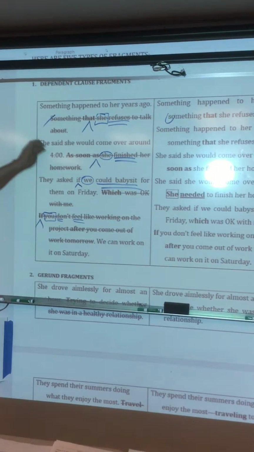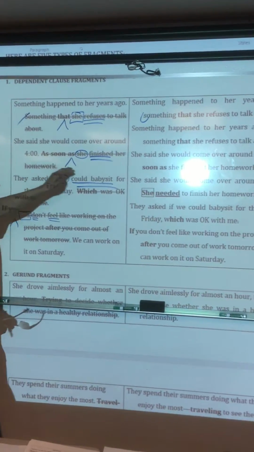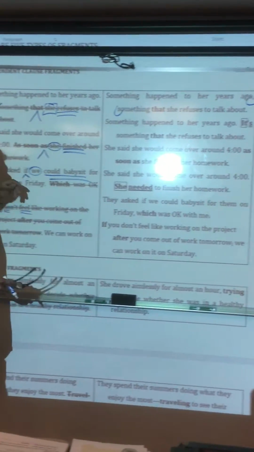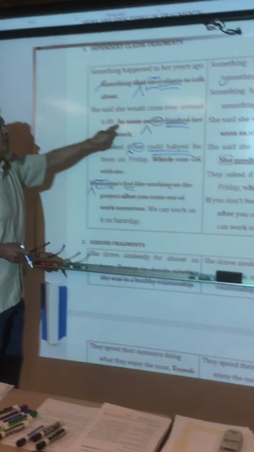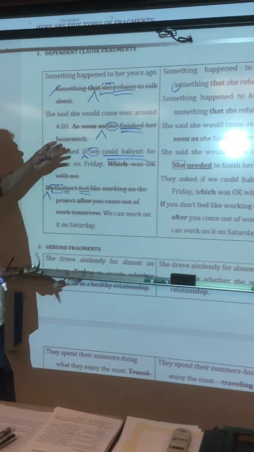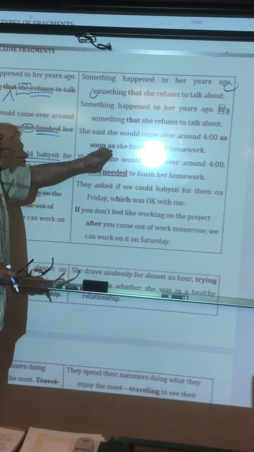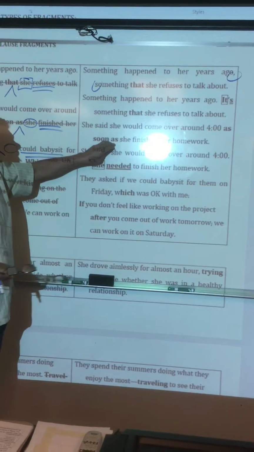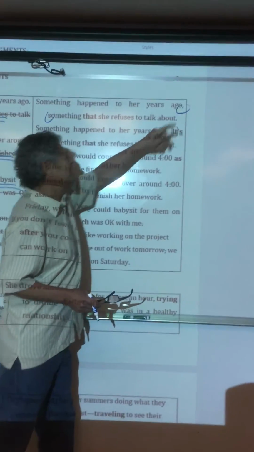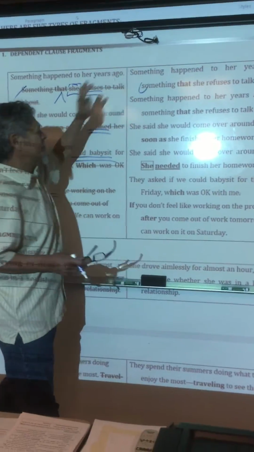This is a sentence plus a sentence fragment. I took out the period, and then I just put this. Did I put a comma? No. The subordinating conjunction is in the middle of the sentence, so we don't need a comma. Here we did because this kind of repeats.